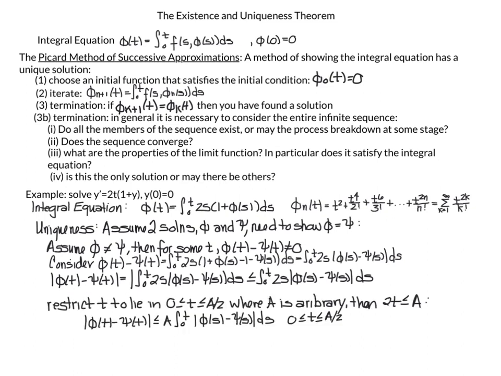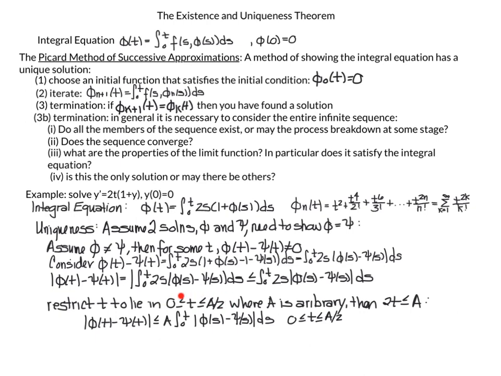The next thing we want to do in our fancy proof, or our tricksiness, I don't know, is get rid of this 2s. We're going to do this first by restricting t to be in the interval 0 to a over 2. And this 2 comes because we're going to get rid of this 2s. You'll see in a minute. Here a is arbitrary.